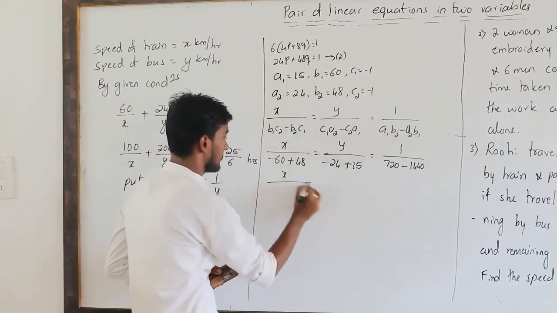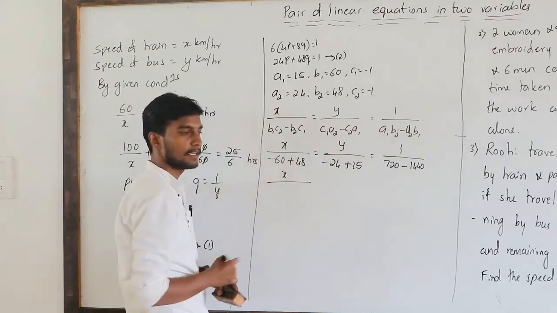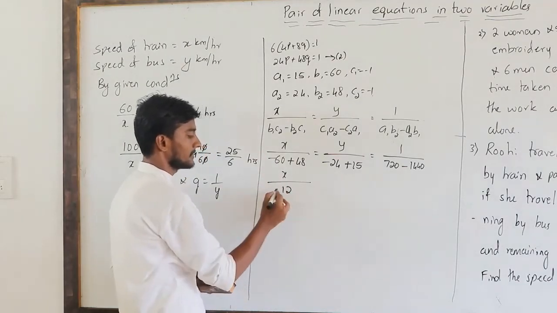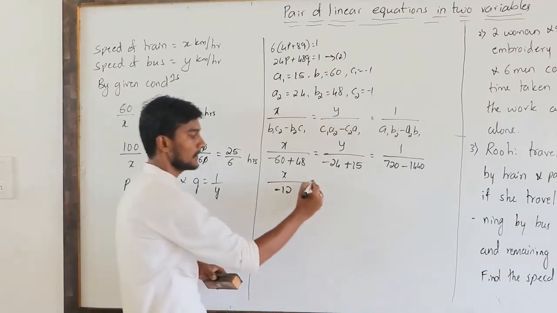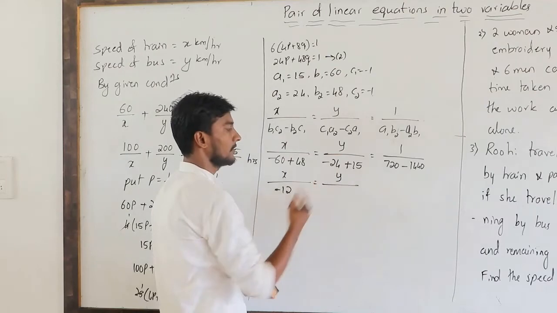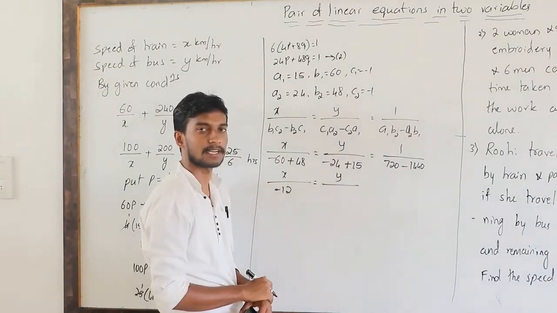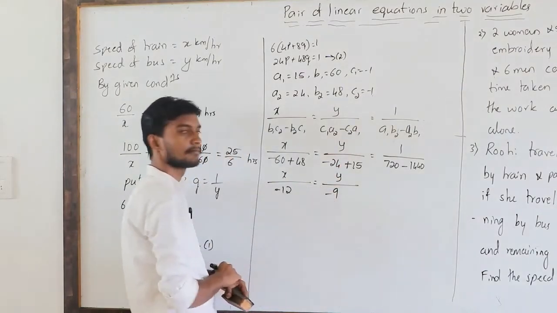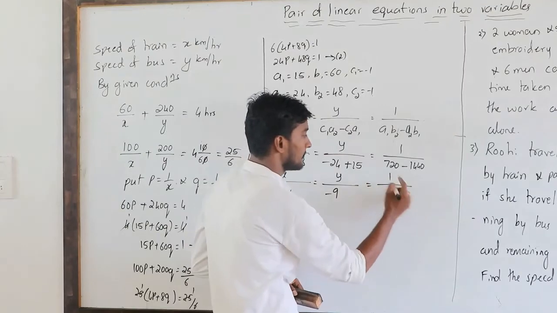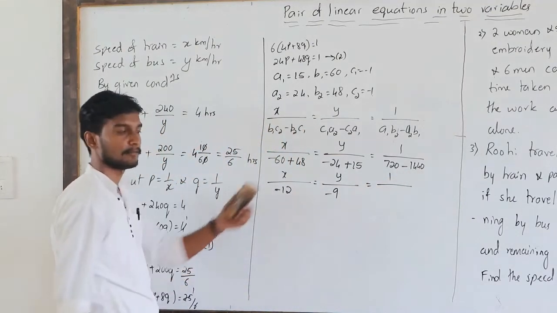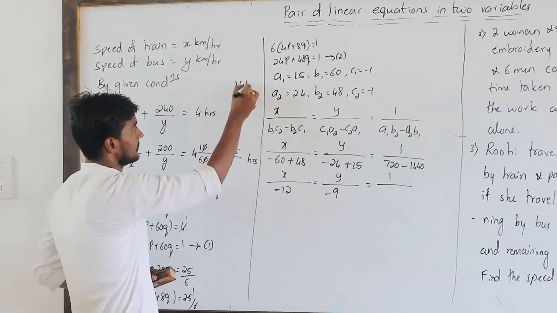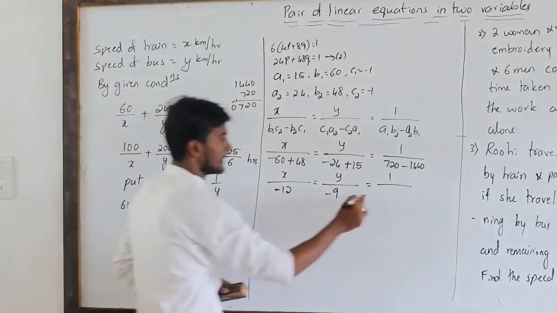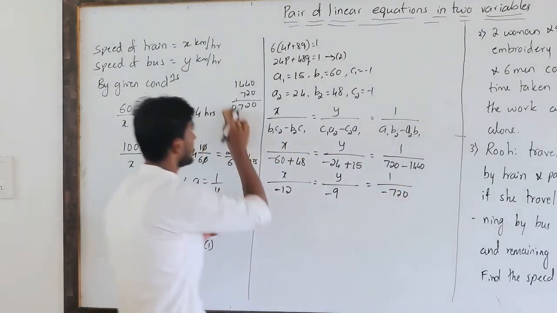So x divided by 60, 1 is minus, 1 is plus, subtract them, 60 minus 48, it is 12. So the bigger number sign is minus, is equal to y divided by 24 minus 15, 1 is minus, 1 is plus, subtract them, 24 minus 15, it is 9, bigger number sign is minus, is equal to 1 divided by 720 minus 1140, 1 is plus, 1 is minus, subtract them, so you will get minus 720.